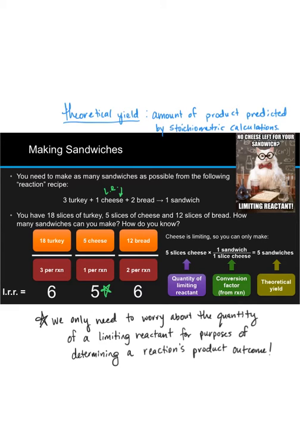Back in our chlorine and sodium reaction example, because chlorine was present in the smaller relative amount, it had the smaller limiting reactant ratio, it alone is responsible for determining how much sodium chloride product we can make as a result of reaction. And therefore, we can ignore the contribution from sodium in excess entirely.